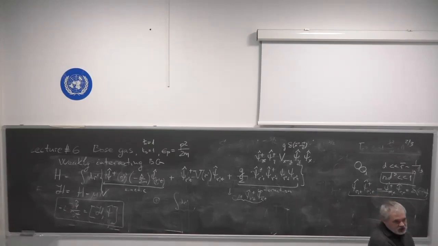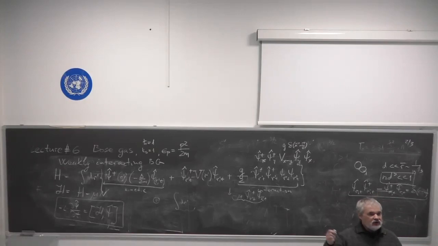Some particles go inside the condensate, some particles go outside of the condensate. So neither the number of condensate particles nor the number of out-of-condensate particles is conserved. They interchange, particles are going in and out. The total number of particles is conserved. But for the purpose of what I'm doing, it's more convenient to work with the grand canonical ensemble. The chemical potential is conserved because the system is in mechanical equilibrium.